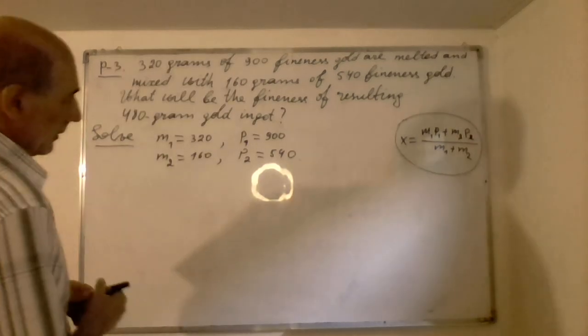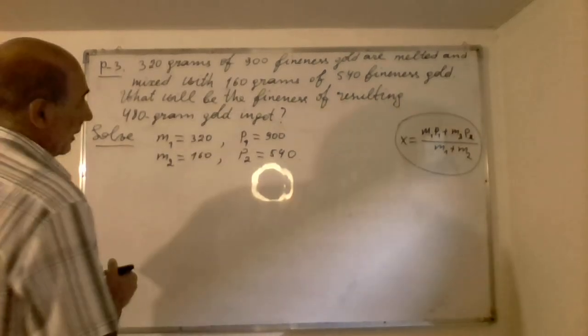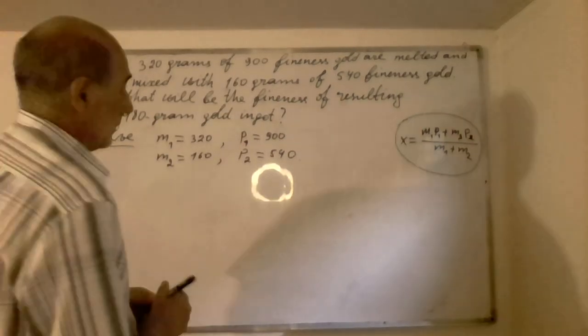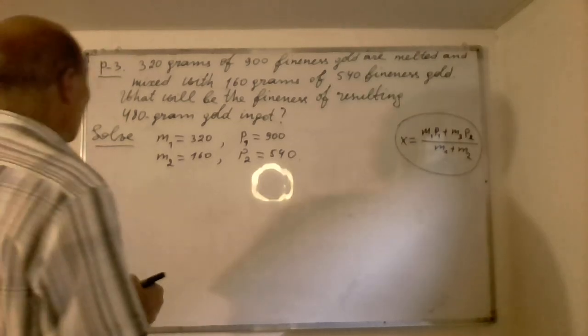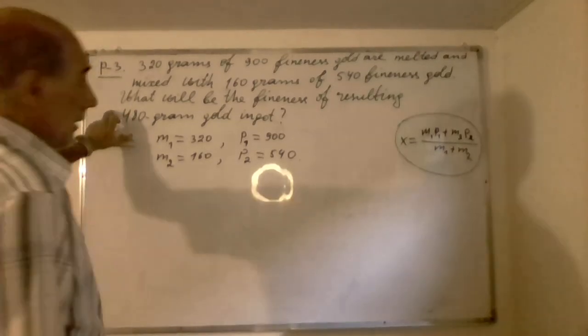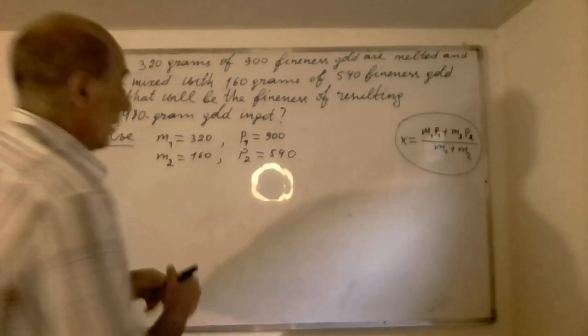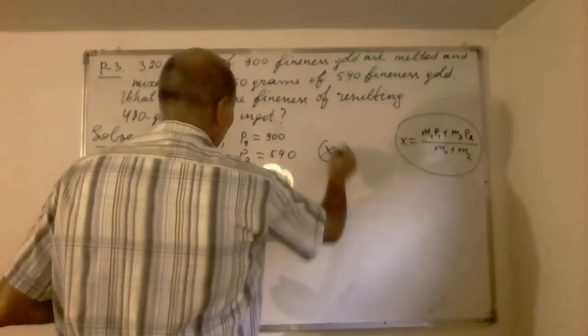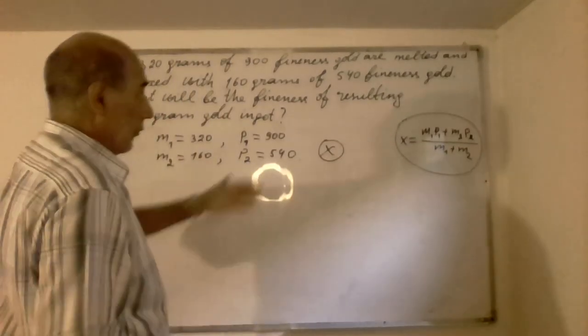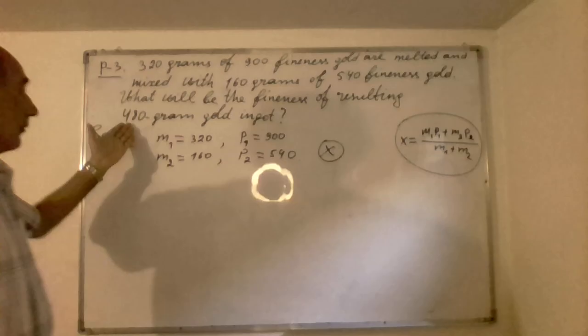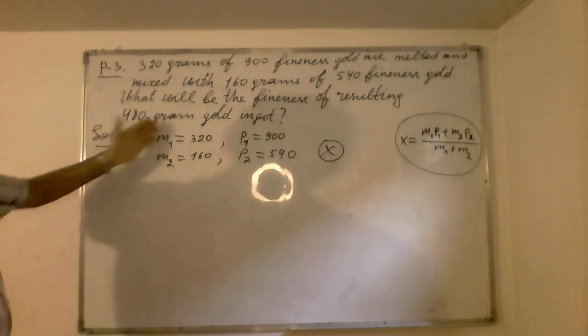Then we can write, and let's assume that x is the fineness of the resulting 480 gram gold.